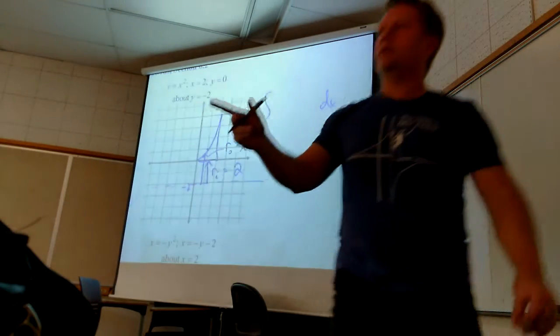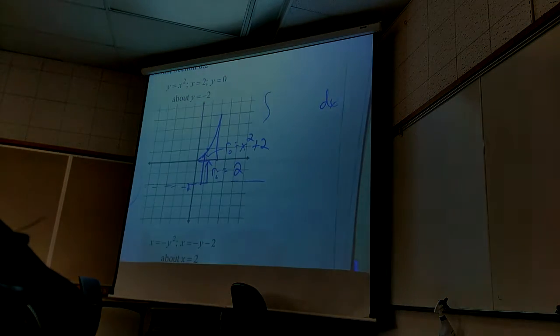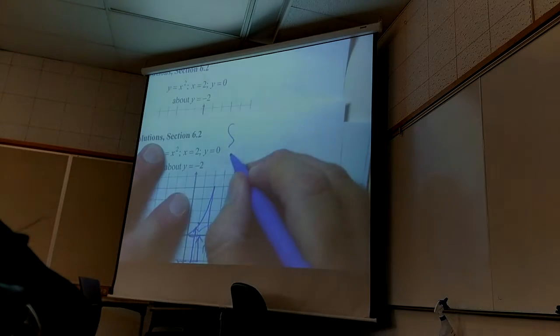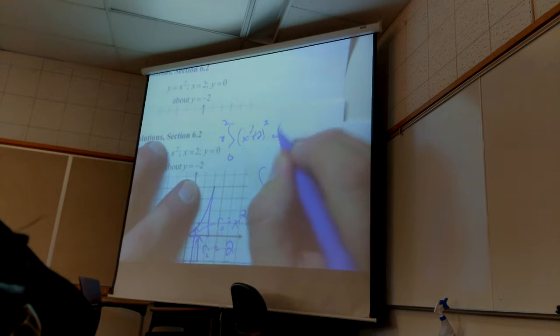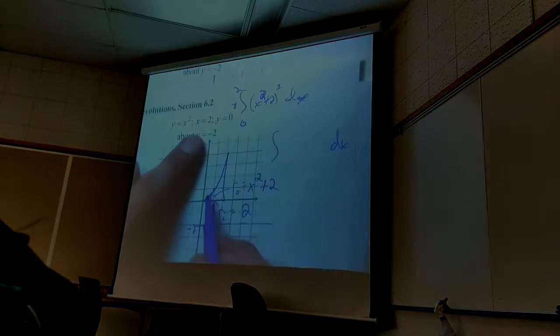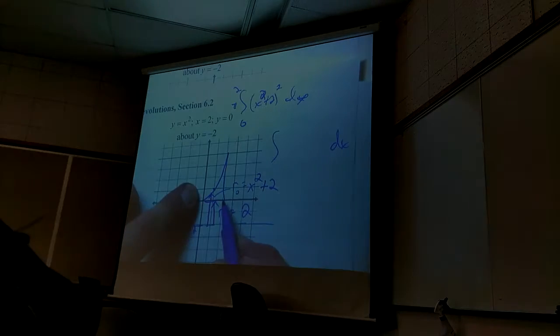Now, we haven't done a problem like this yet, but if I just did integral 0 to 2 pi x squared plus 2 squared dx, that would be assuming that it's solid all the way through. Now I'm assuming that it actually hugs this axis, that it's solid all the way through.